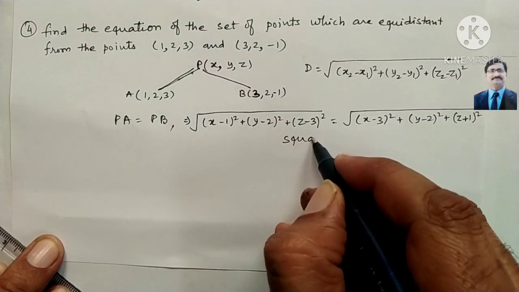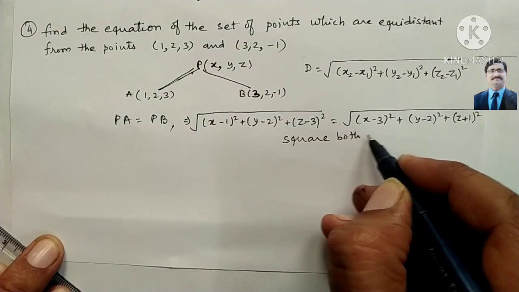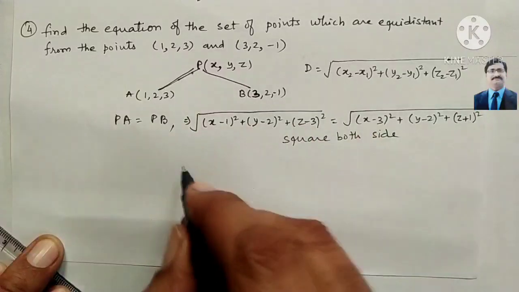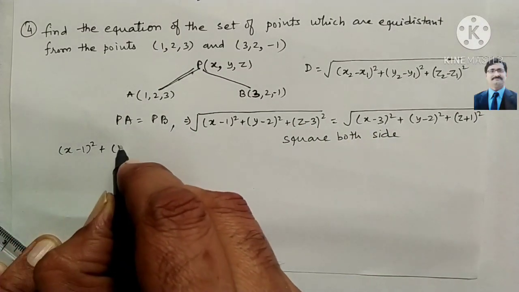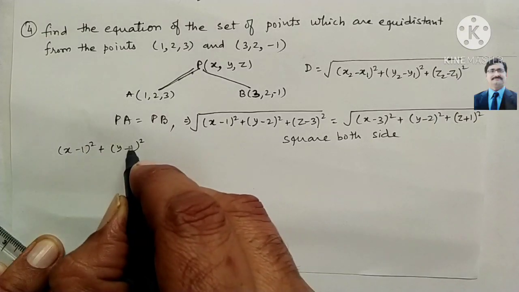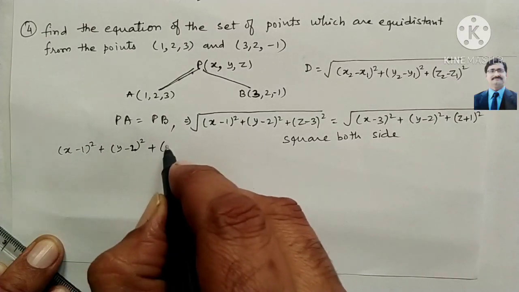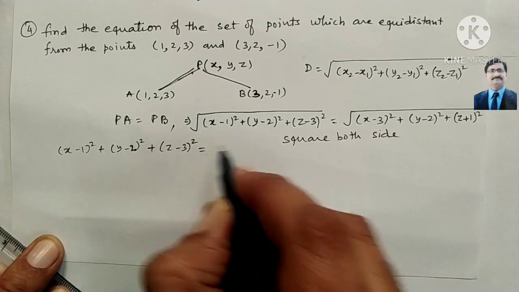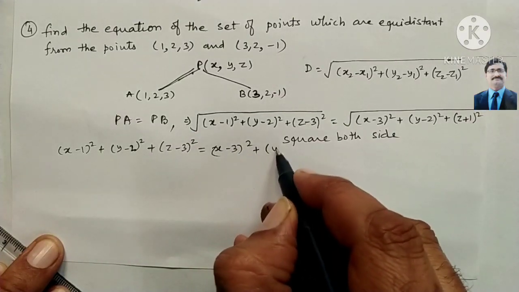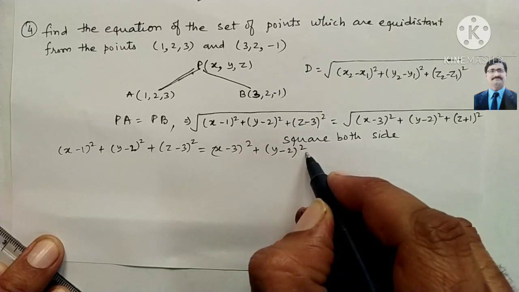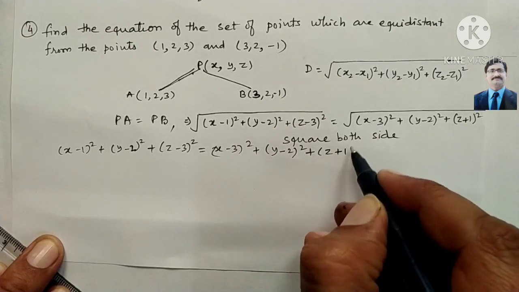We can square both sides. If we square both sides, the square root will cancel, and we can write here x minus 1 square plus y minus 2 whole square plus z minus 3 whole square equal to x minus 3 whole square plus y minus 2 whole square and plus z plus 1 whole square.